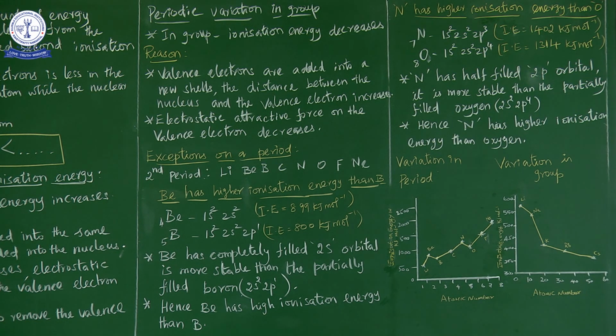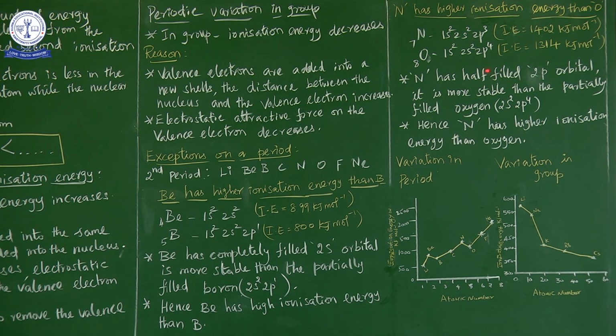Oxygen has 2p4. For the p orbital, 3 means half filled and 6 means completely filled. But oxygen has 2p4, in between 3 and 6, neither 3 nor 6. So it is a partially filled one.